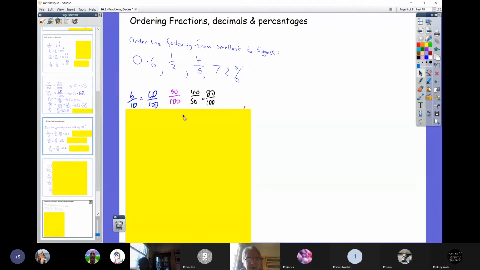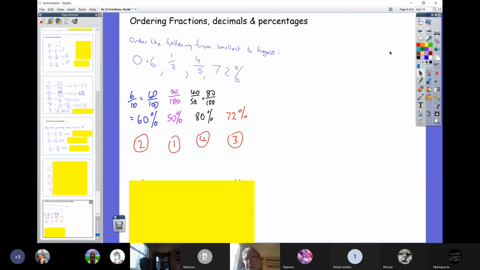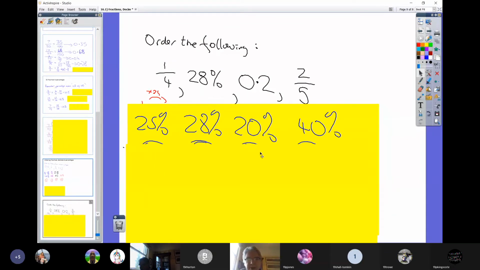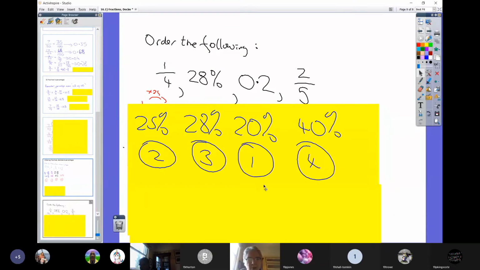Then 50 out of 100, 80 over 100, and then 72 over 100. So I've turned them all into percentages, and then it's easy to see which order they go in. All right, and I think that's all we need to look at. I just had another example of those, which again, I don't think I need to spend too much time going through. Just turn them all into the same type.